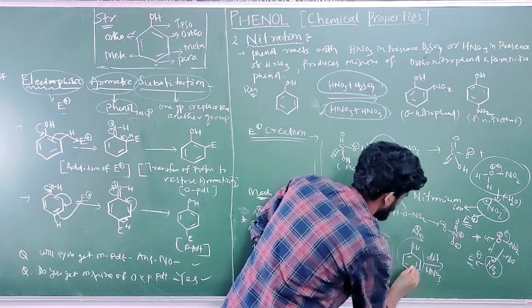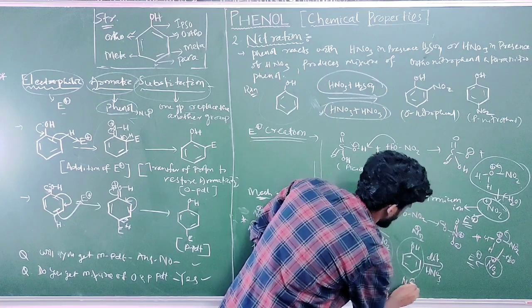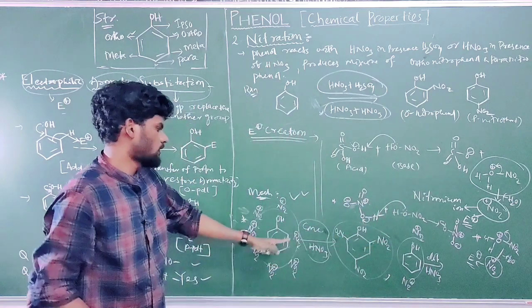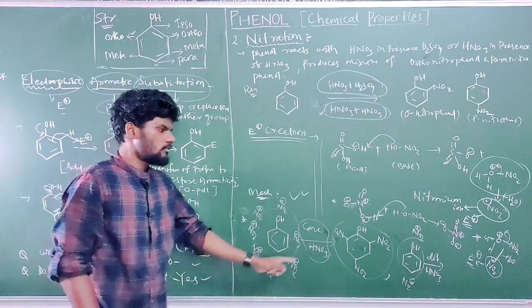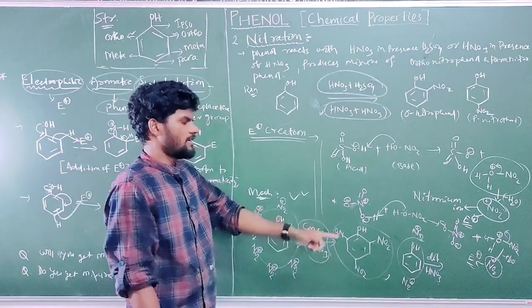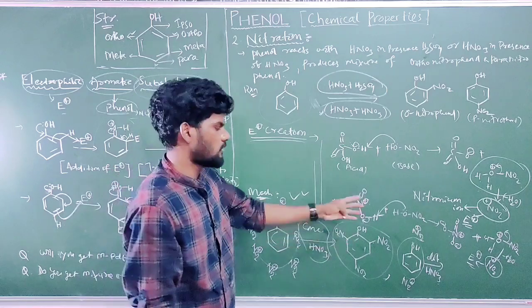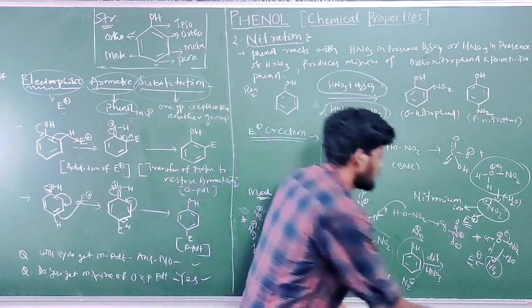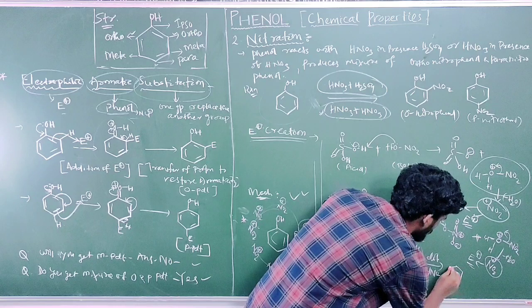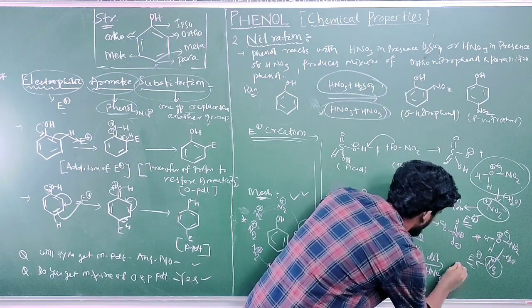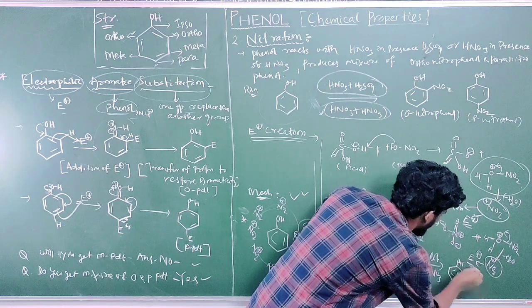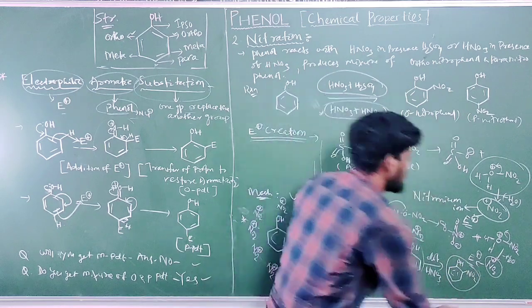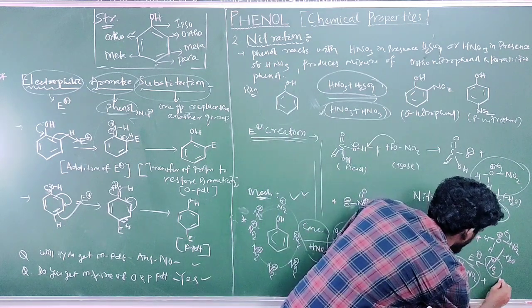If in concentrated HNO3 there are 5-6 NO2 plus surrounding this phenol ring, in dilute HNO3 we have less, meaning 2-3 NO2 plus surrounding the phenol ring. So we will get monosubstituted product, either orthonitrophenol or paranitrophenol. This is orthonitrophenol, ortho product, plus paranitrophenol, para product.